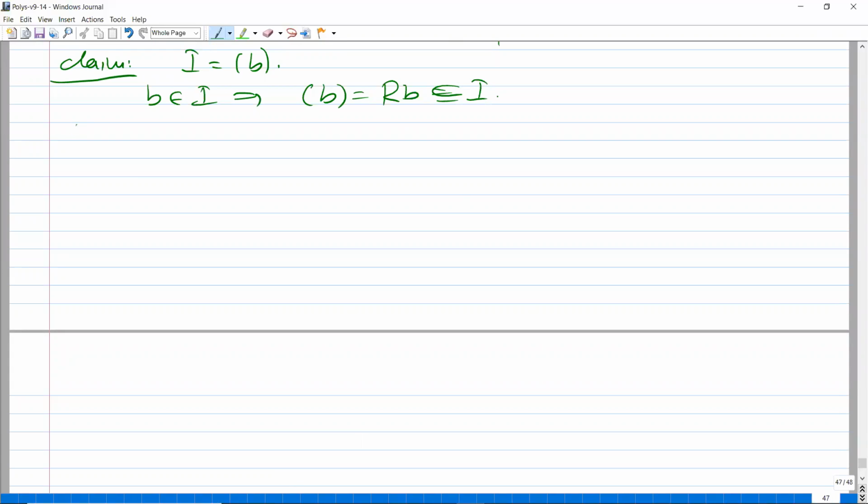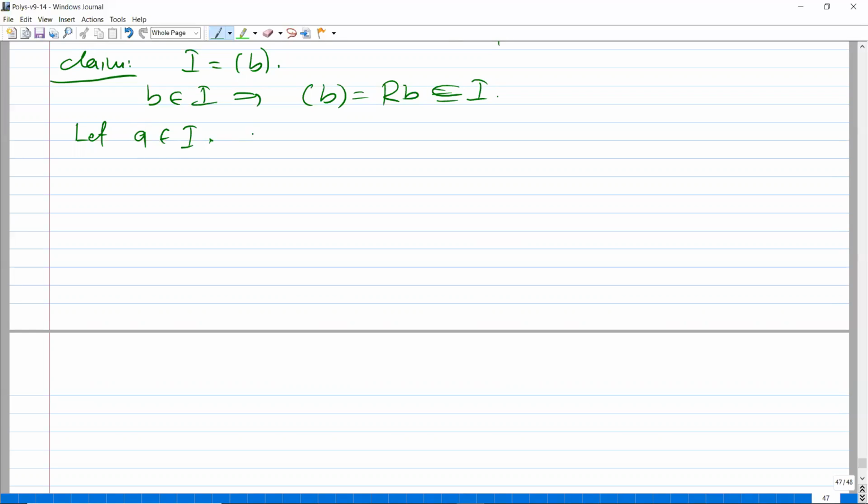Now let's show the converse. Let A be in I, an arbitrary element.